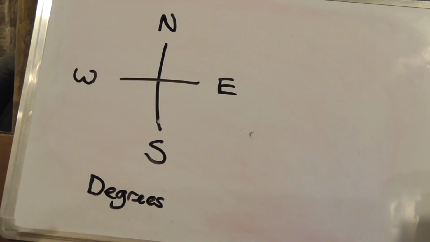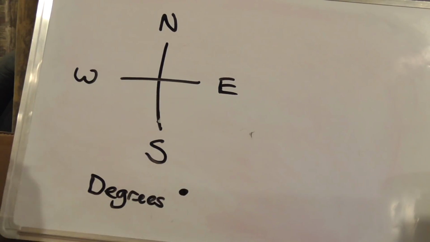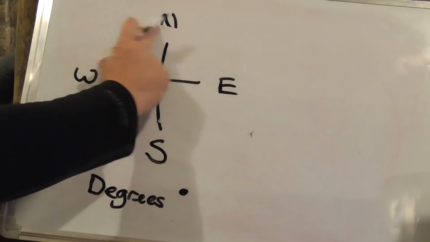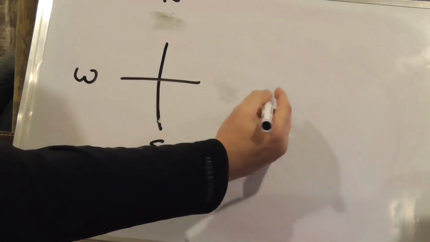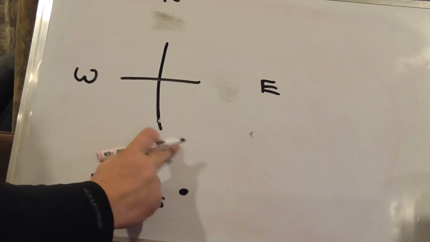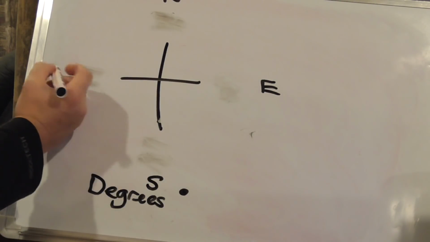Now degrees, the symbol for degrees is a little 0. What I'm going to do is push this north up here, push this east out a bit, push this south down a bit, and push this west out a bit.